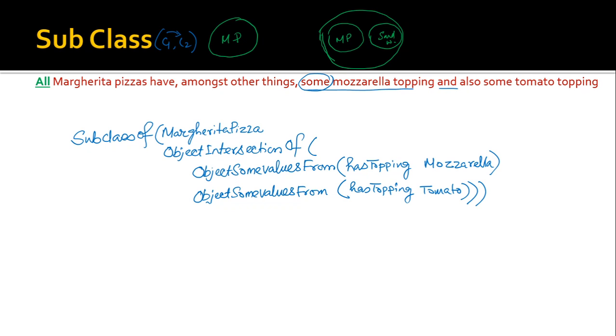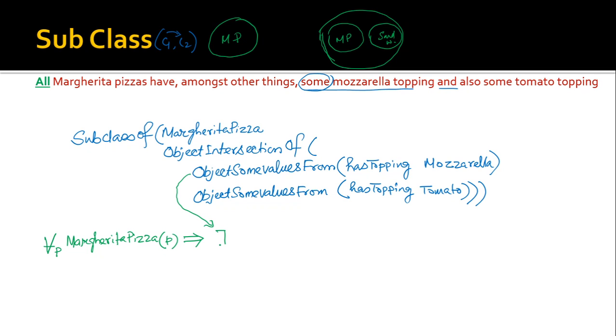Now, how do we represent this in first order logic? Again, as we have a subclass, we'll be using the forward implication. So we say for all P, P belongs to margherita pizza, if, now you need to model this, right?